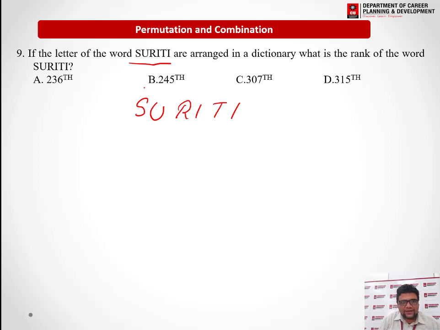Firstly we will find the position of these alphabets. The position of S is 19, position of U is 21, position of R is 18, then 9, 20 and 9. Okay.